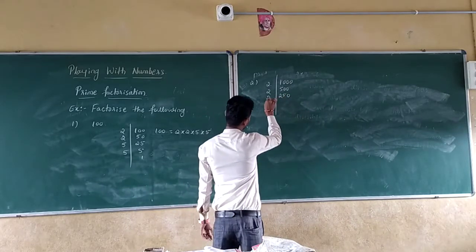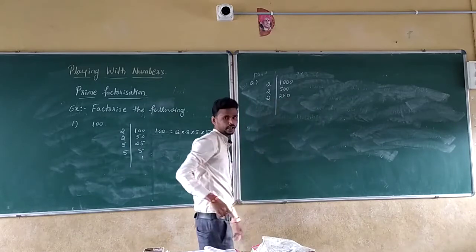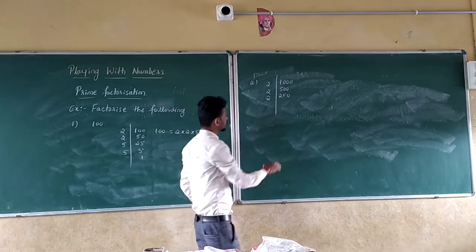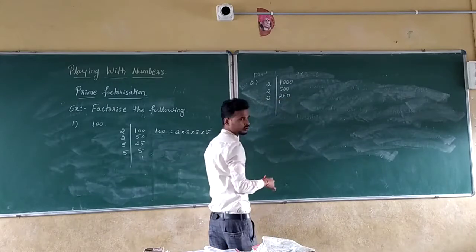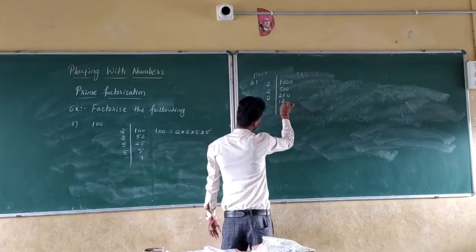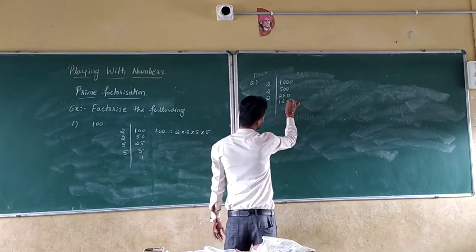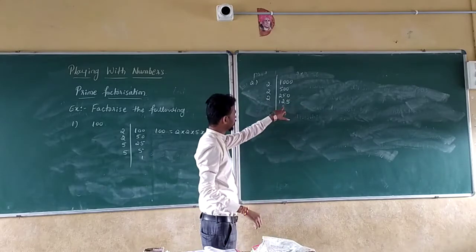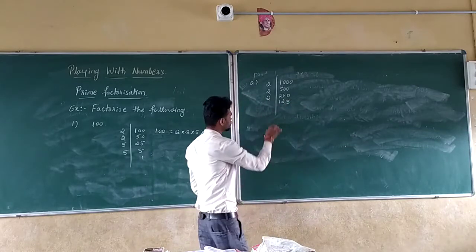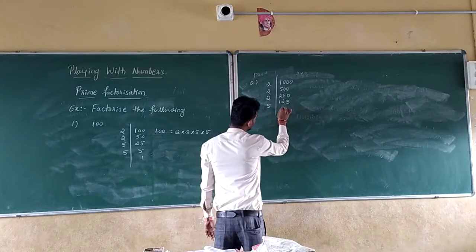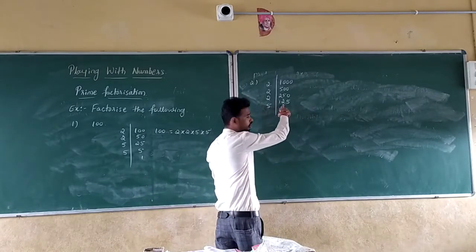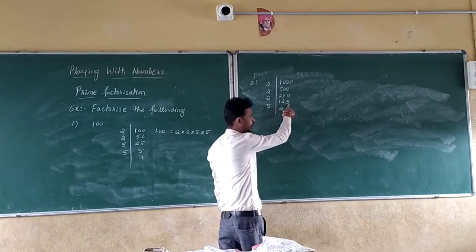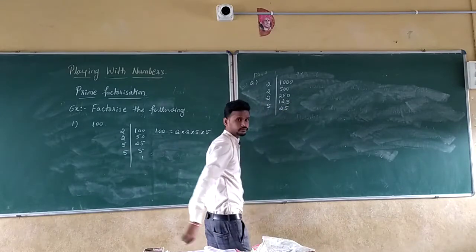Next similarly, because 0 is there, it is divisible by 2. So 2 twos are 4, 1 remains, 10, 2 fives. So now 125 is divisible by 5. 5 twos are 10, 2 remain, 25, 5 fives.